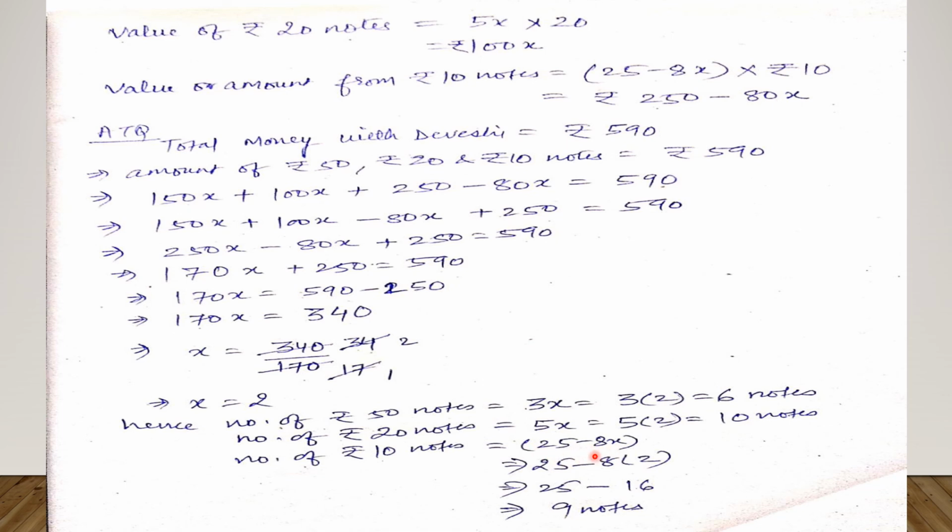We are finding the number of notes. So 25 minus 8 into 2, we will get 25 minus 16, that is 9 notes. You can verify: 6 plus 10 is 16, plus 9 is 25, which is equal to the question value. So it is correct.